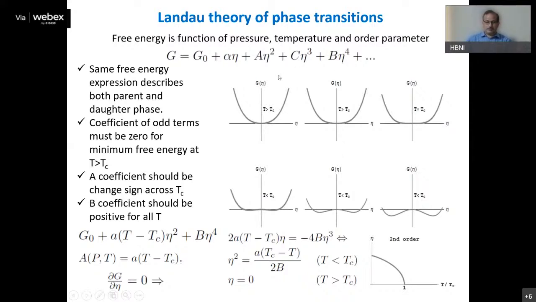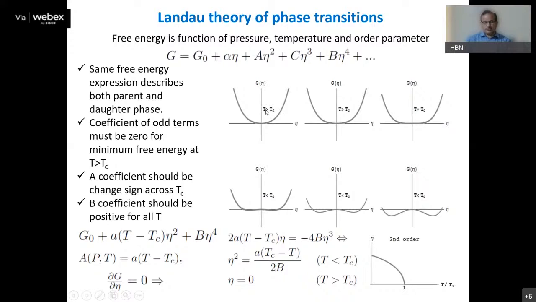So if the coefficient of this second order term changes sign across the phase transition, this will actually try to reduce the Gibbs energy at higher order parameter values. But then at higher order parameter values, this term will take over. So this is how your free energy curve will change.